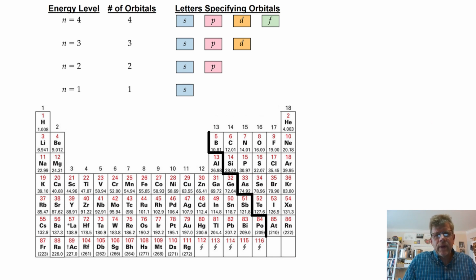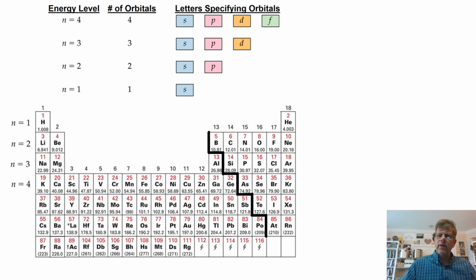So let's see if we can try and notice a few more patterns in the periodic table. I have a periodic table right here, below our offerings of our energy levels and orbitals and even suborbitals. The first thing I want to do over on the left-hand side is to note that our first 4 rows on the periodic table correspond to the first 4 energy levels: n equals 1, n equals 2, n equals 3, and n equals 4.